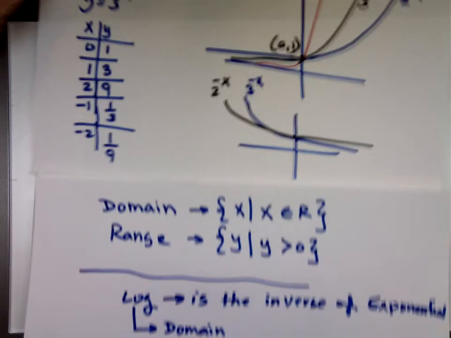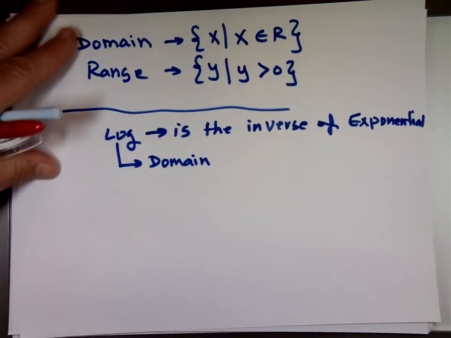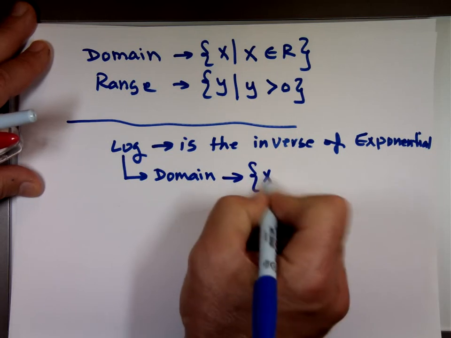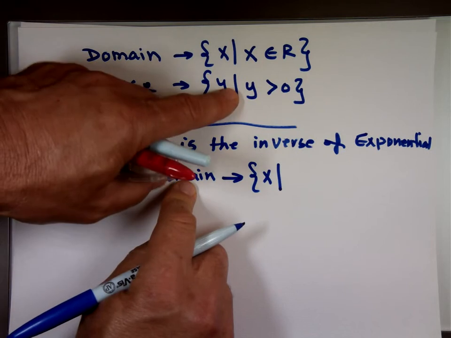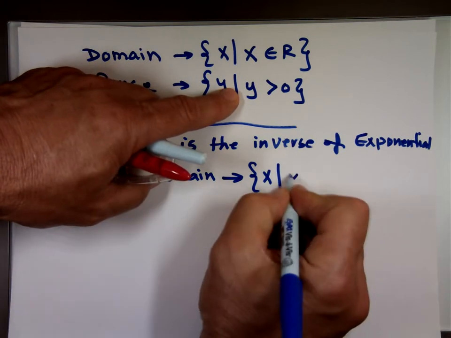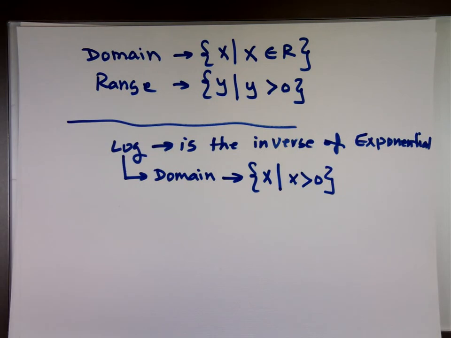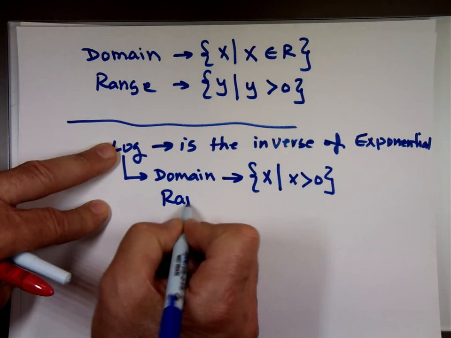For the log function, what is the domain? The domain becomes what? x such that the domain will be the range of that. And the range will be what?